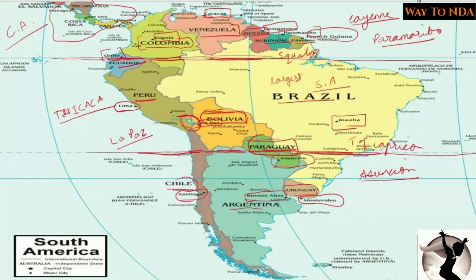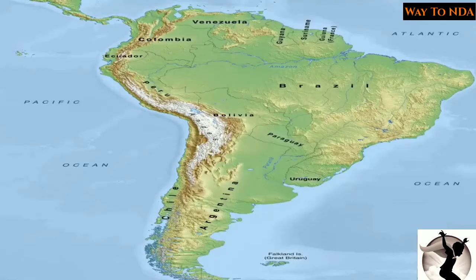So these are the political features of the South American continent. Now let's see some physical features. If you come south, this is the Amazon River. It is the largest river in terms of volume.